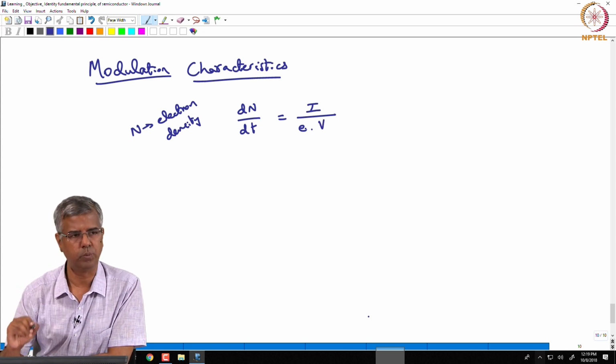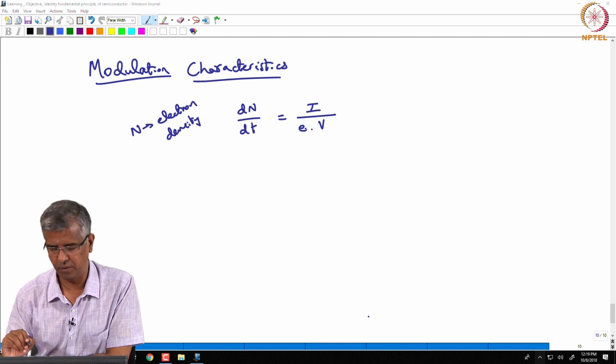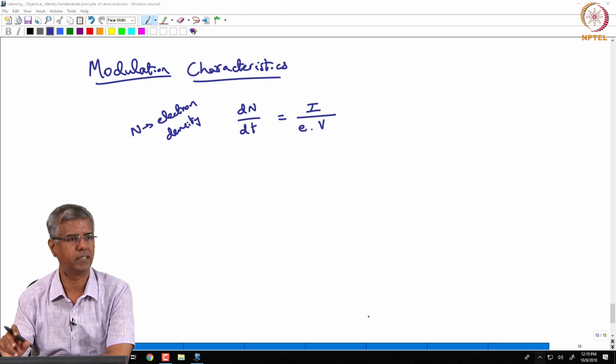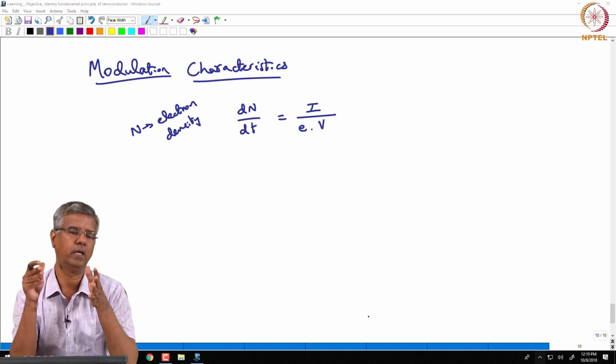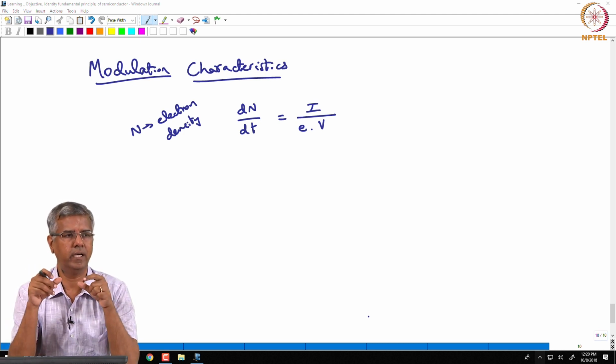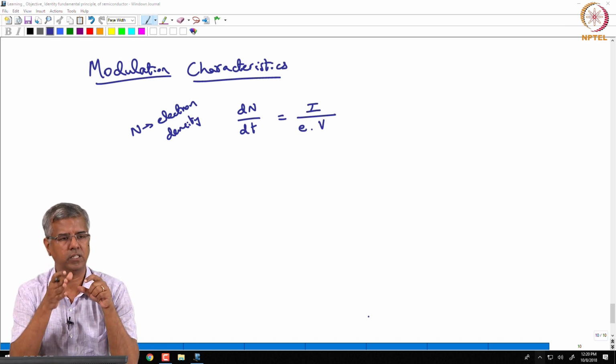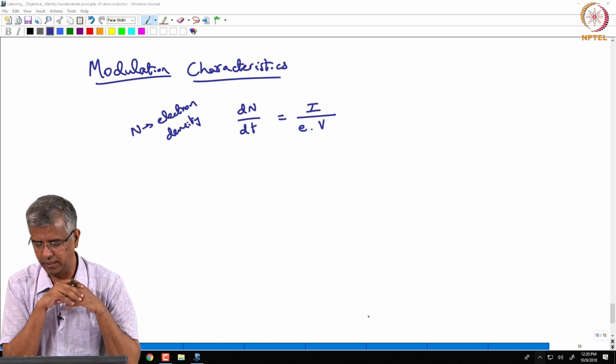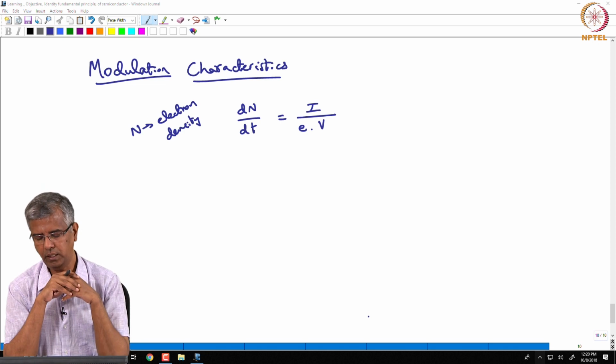So, I would put that V here, where V corresponds to the volume over which the carriers are injected. So, typically it is the active layer, the cross section area of the active layer multiplied by the length of that active layer, right.